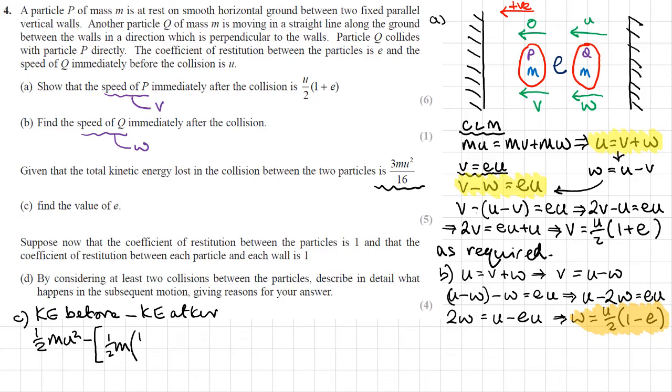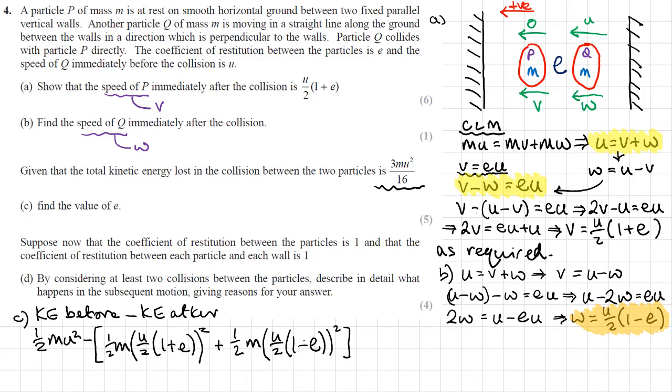So that'll be u over 2 and then 1 plus e, and that's all squared, so half mv squared, plus the other kinetic energy is going to come from Q. So this will be the same sort of thing, so half m, and then the V is going to be this u over 2, 1 minus e. So u over 2, 1 minus e, and that's all squared.